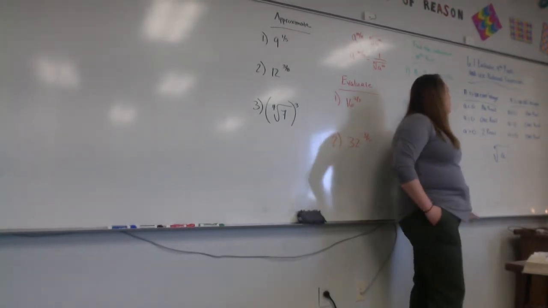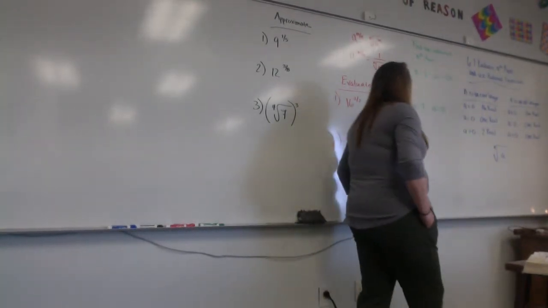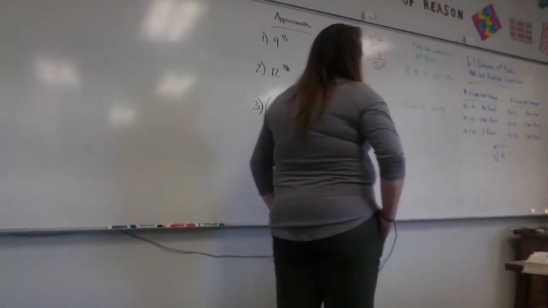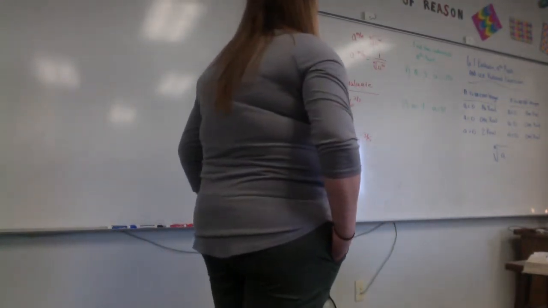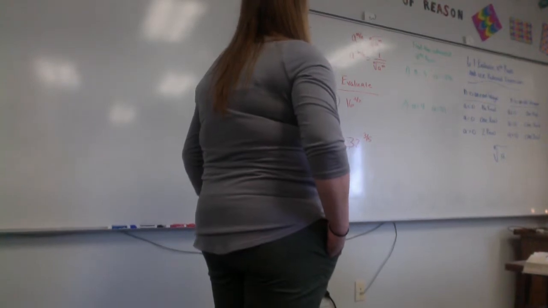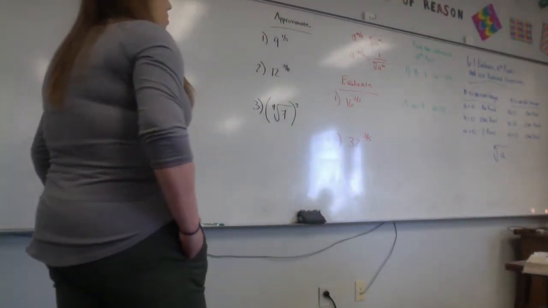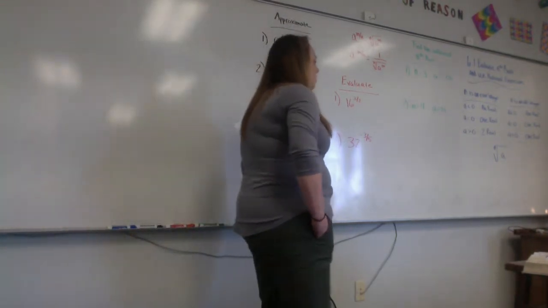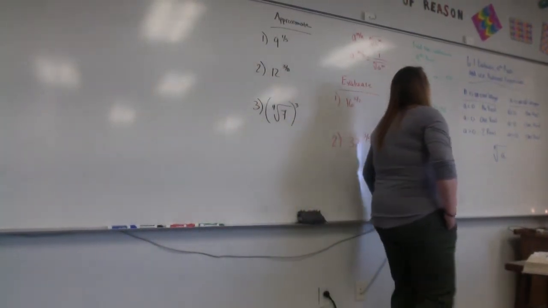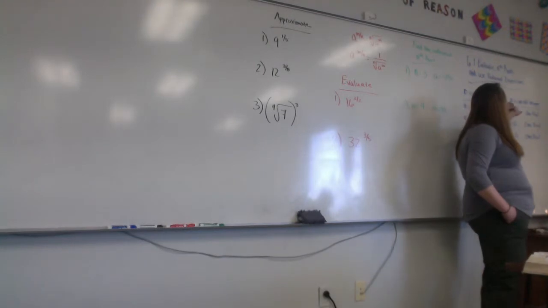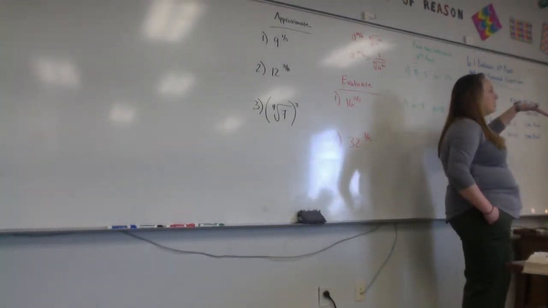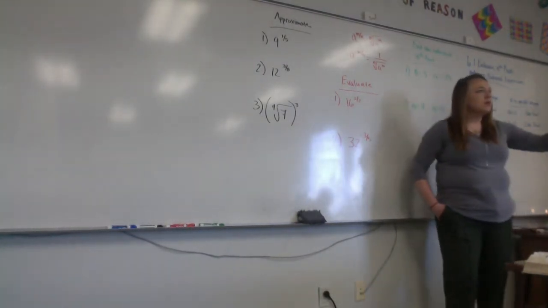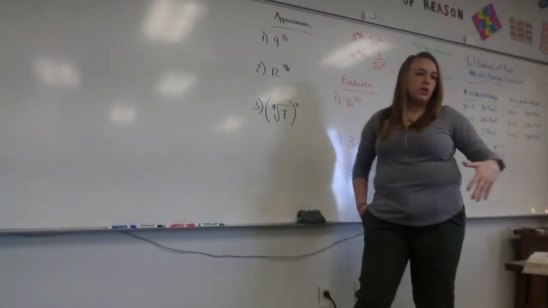Okay? So if the integer is even for the root that you're taking, if a is less than 0, there are no real solutions. If a is equal to 0, there's one real solution. And if a is greater than 0, there are 2 real solutions. Okay? If the root I am taking is an odd number, 3, 9, 15, 7, okay?